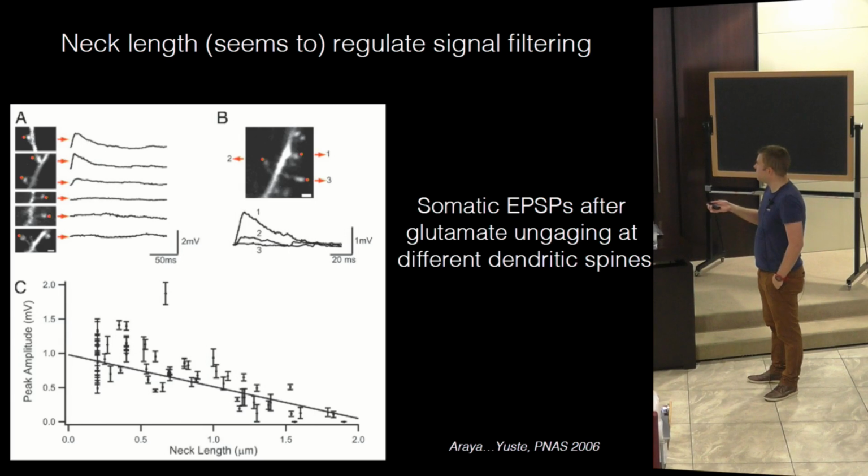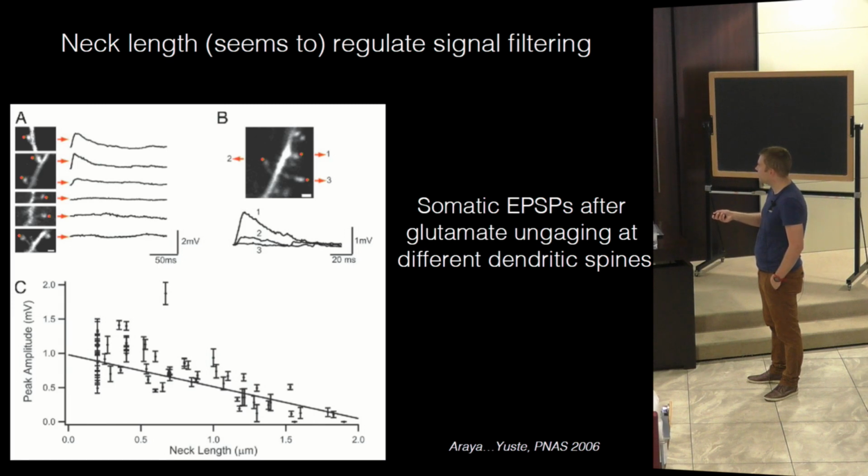So this is a paper from Eustace's lab about 10 years ago, where they did glutamate uncaging at different sites along the dendrites for different spines, and they observed a decrease, a filtering of the potential that increases when the dendritic spine is longer, making the hypothesis that the neck length is filtering the arriving electrical signal.